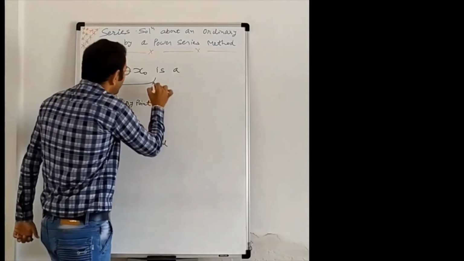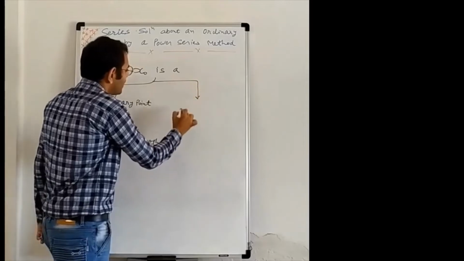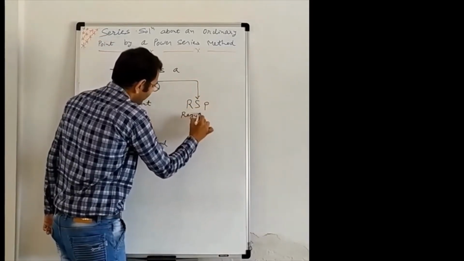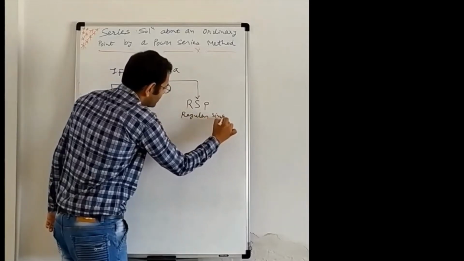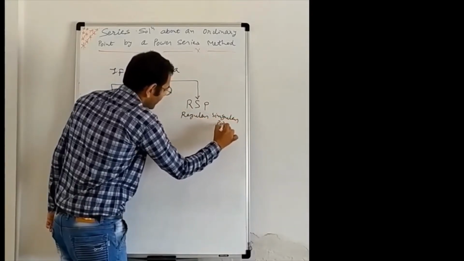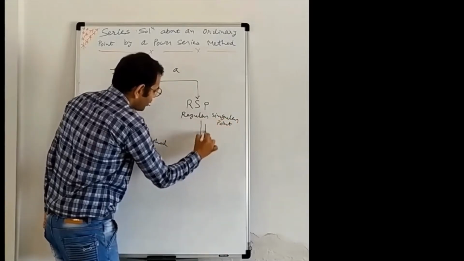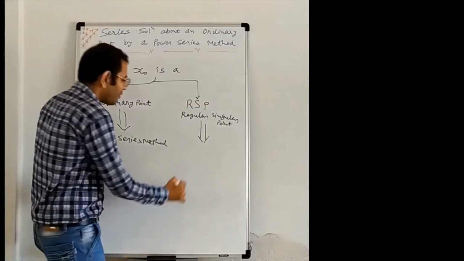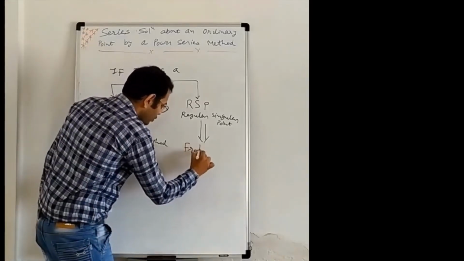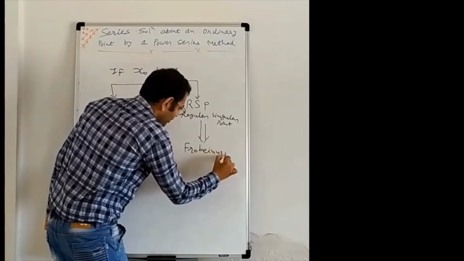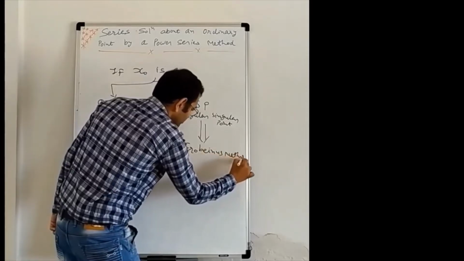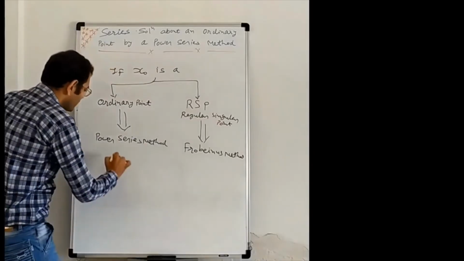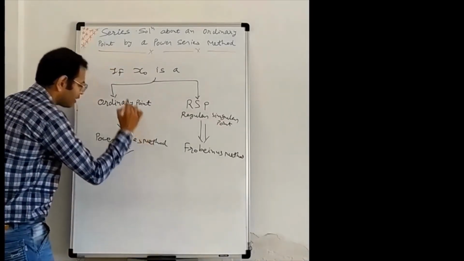And if x0 is an RSP, meaning regular singular point, then we find a series solution by the Frobenius method. Today we learn about the power series method.